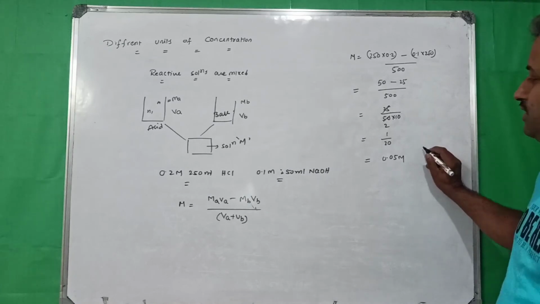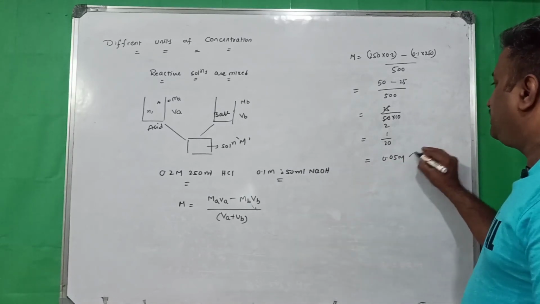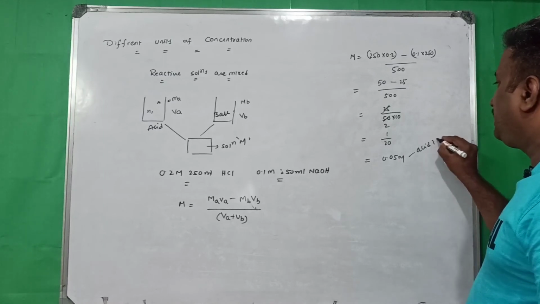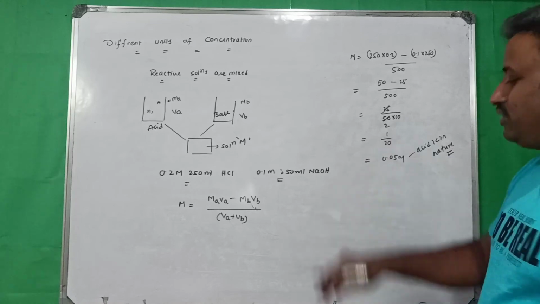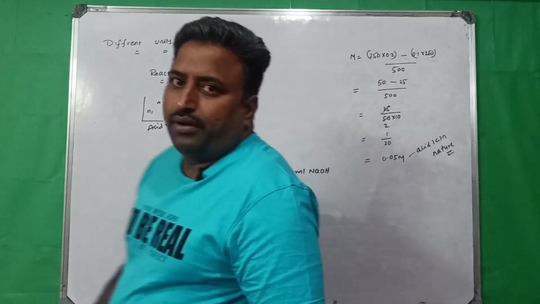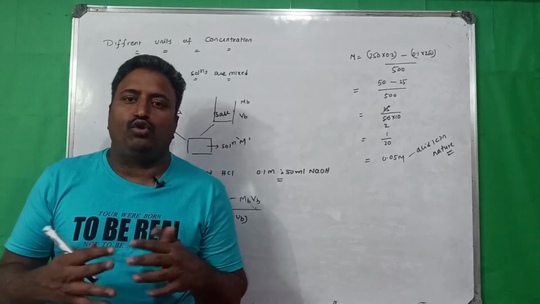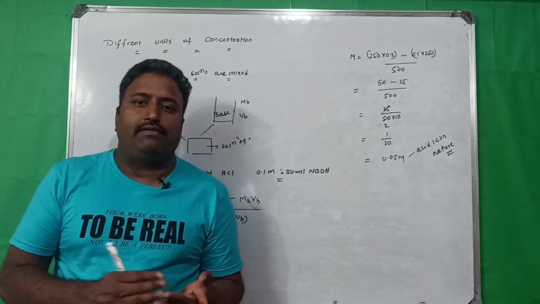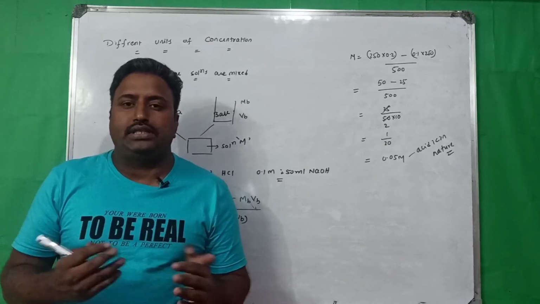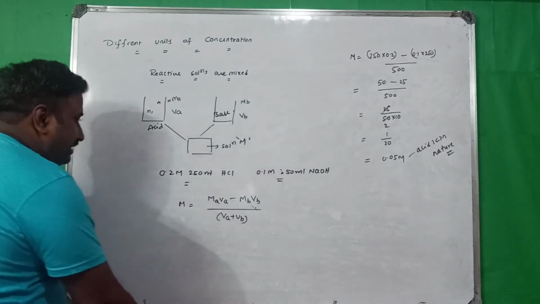The molarity of the resultant solution is 0.05 molar. The solution is acidic in nature, since the number of moles of acid is more. So with this we have completed molarity, how to find molarity when two solutions are mixed, non-reactive and reactive, and when a solution is diluted. Now let us find the relation between density and molarity.